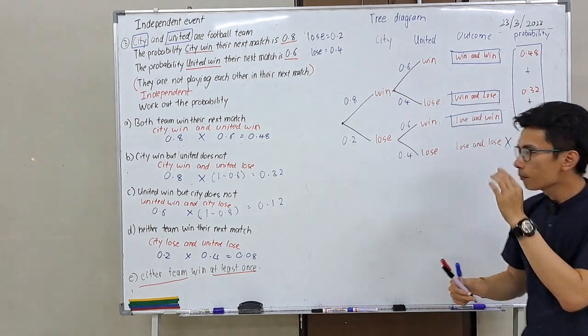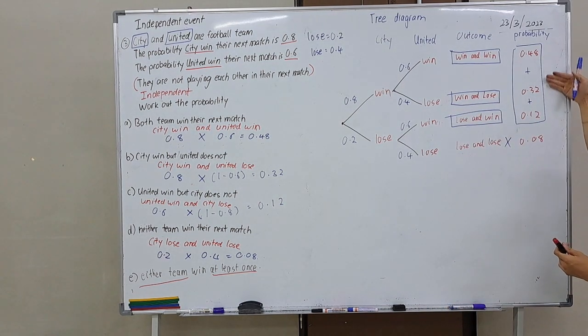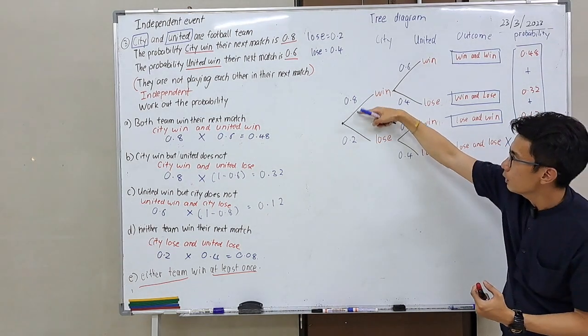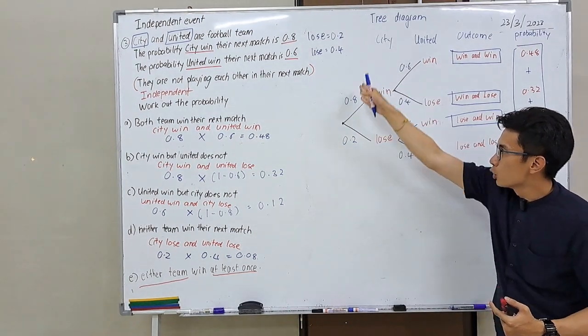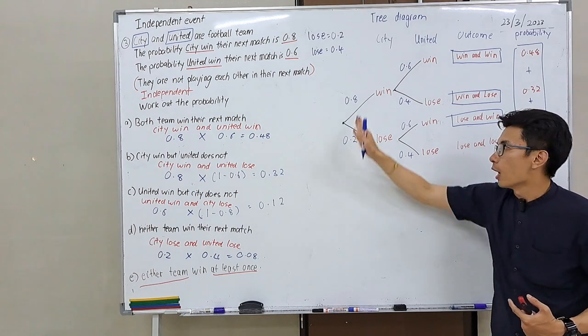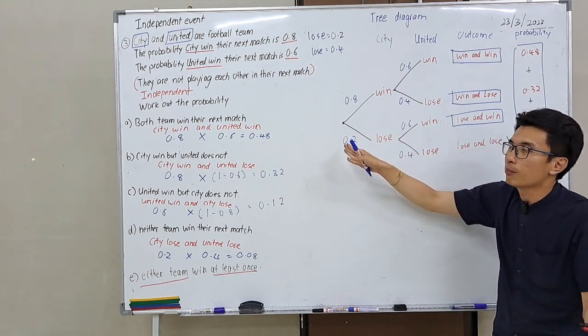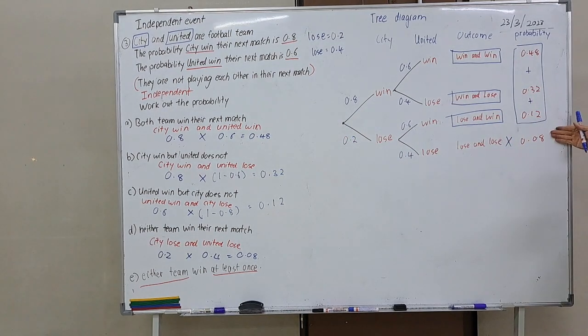So why are we adding? Remember, if you look at a tree diagram straight down like this, the outcomes are mutually exclusive, so we can add up the probabilities. Same as over here.